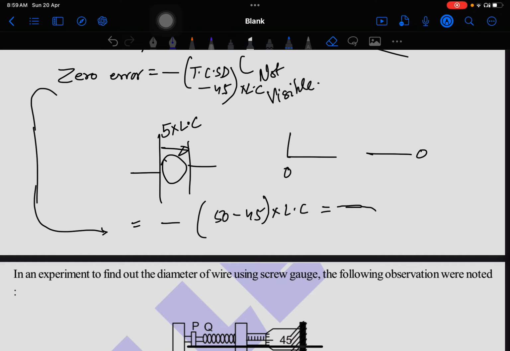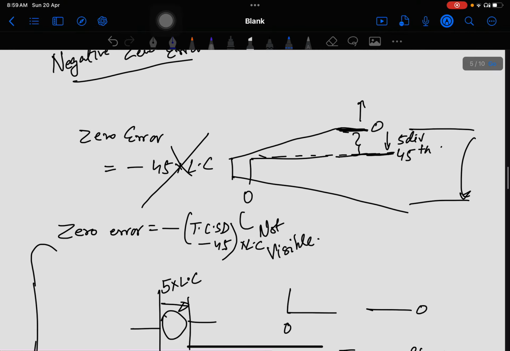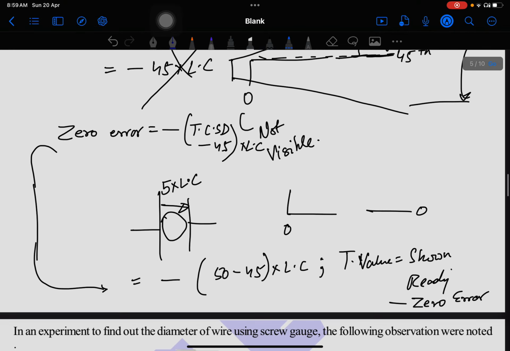I hope this part is clear. No doubts? And again, what will you do for the true value or the true reading? This is nothing but equal to the shown reading, and from this you will subtract the zero error. Zero error itself is negative. Be careful with that. Okay, this part I think is clear.